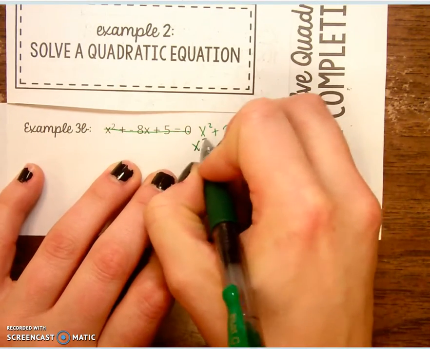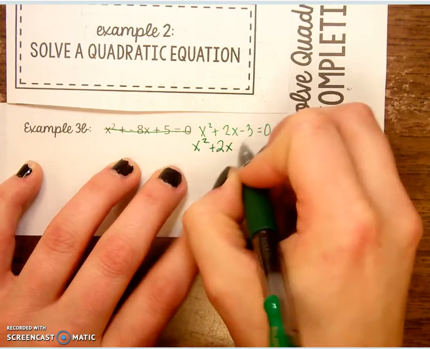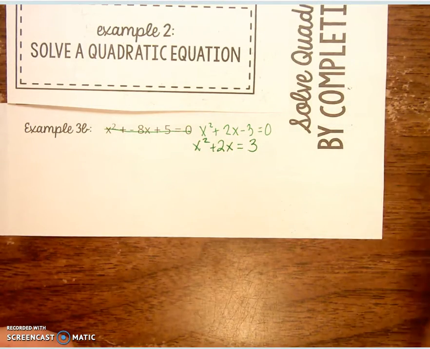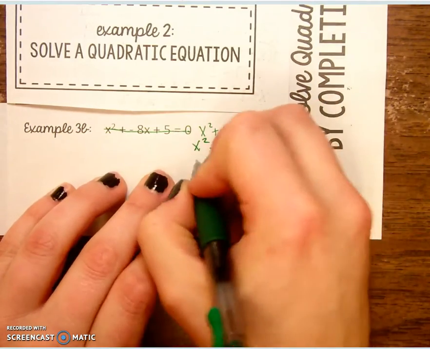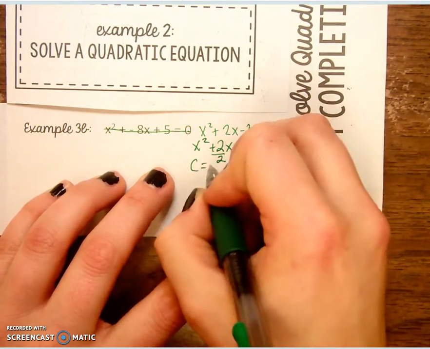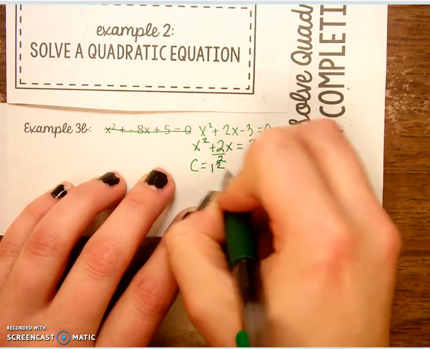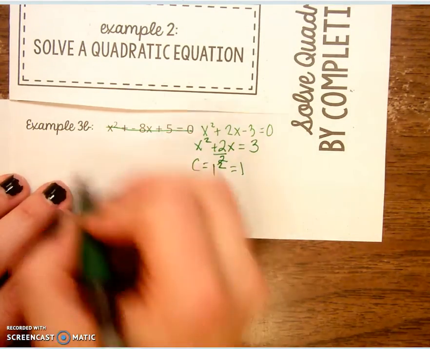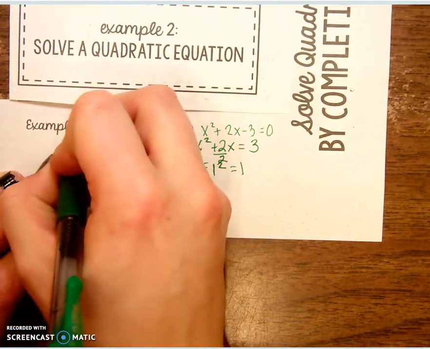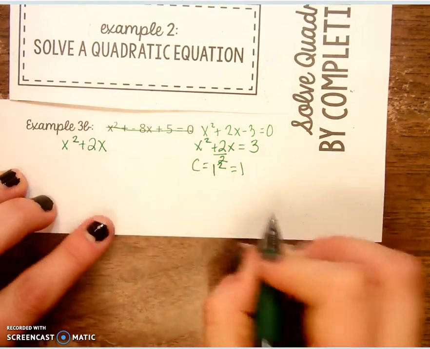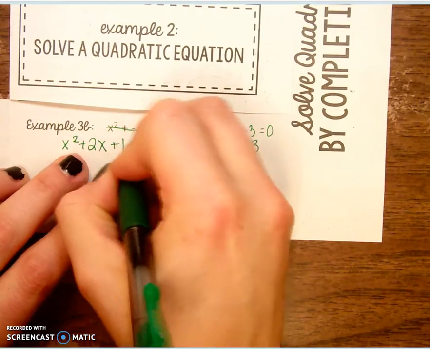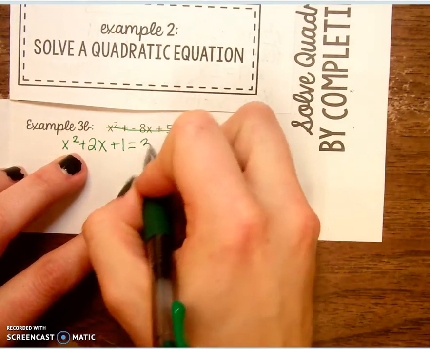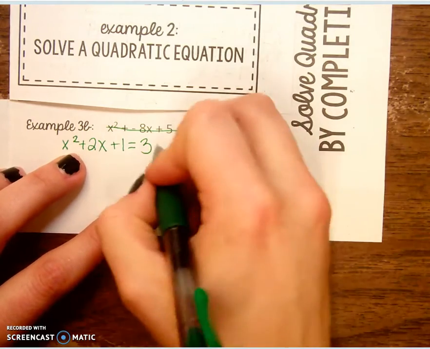So x squared plus 2x equals a positive 3. Now solve for c. 2 divided by 2 is 1. Squared is 1. So rewrite x squared plus 2x, my c is 1, equals what's already on the other side of the equation, 3. Don't forget to add c on this side as well.